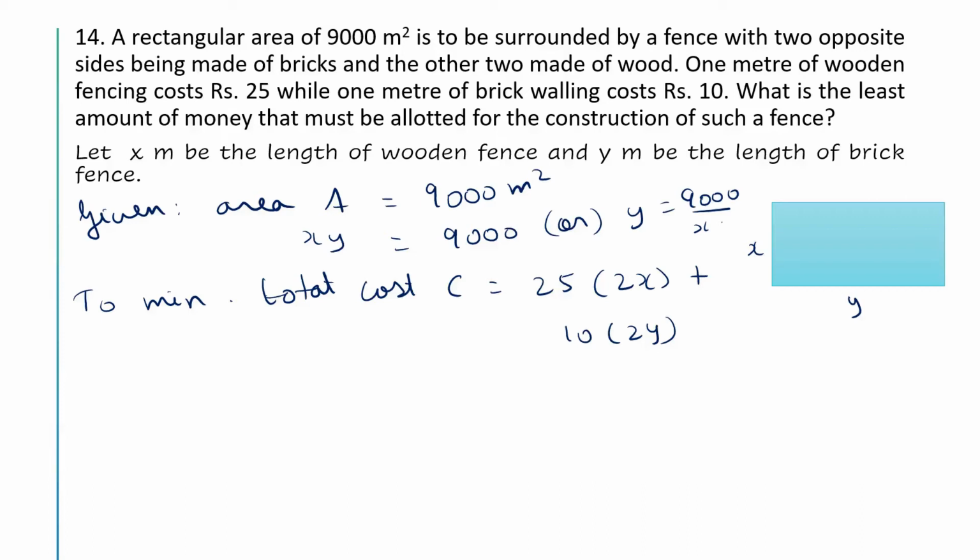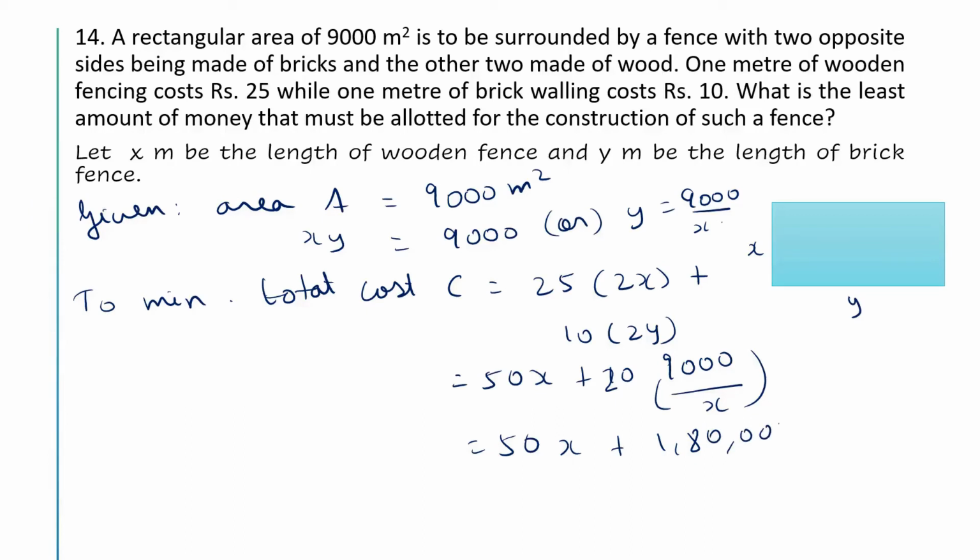Or this is equal to 50x plus 20 into y, with y is 9000 divided by x, or this is equal to 50x plus 1,80,000 divided by x.